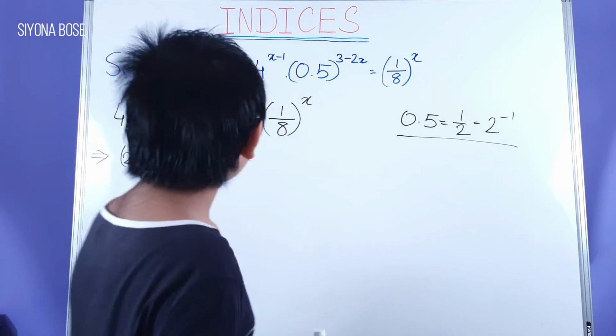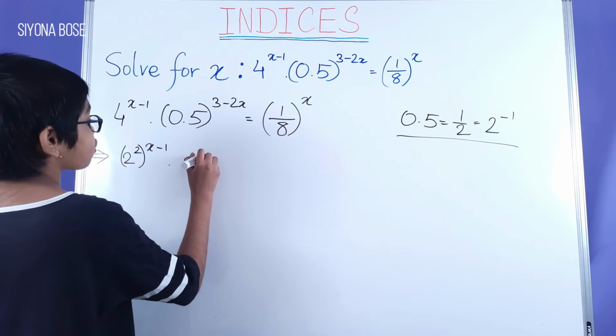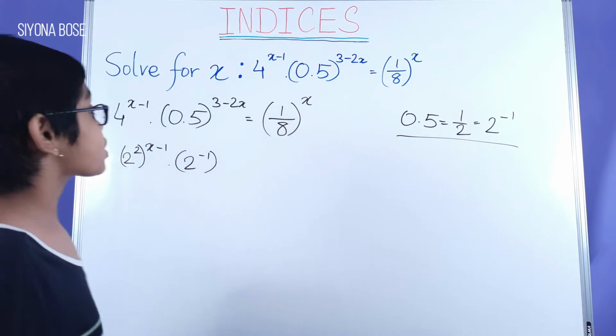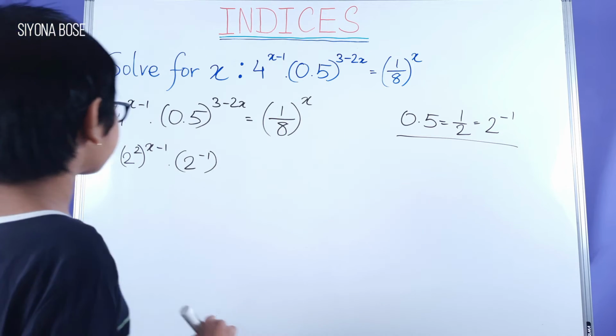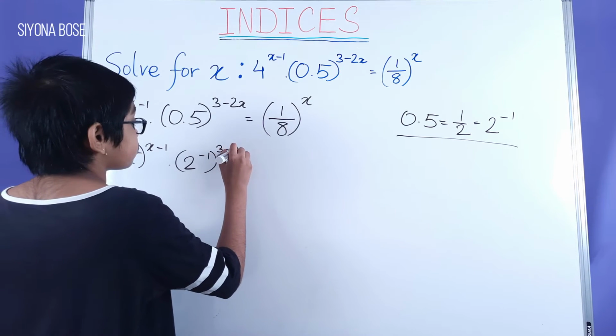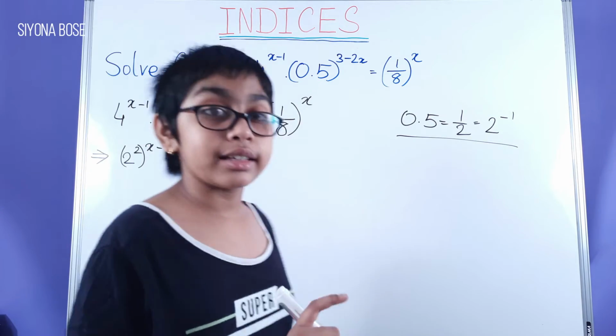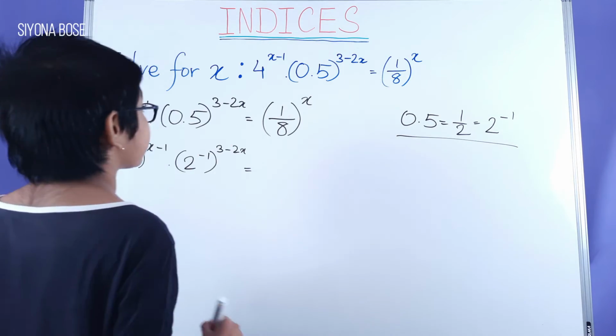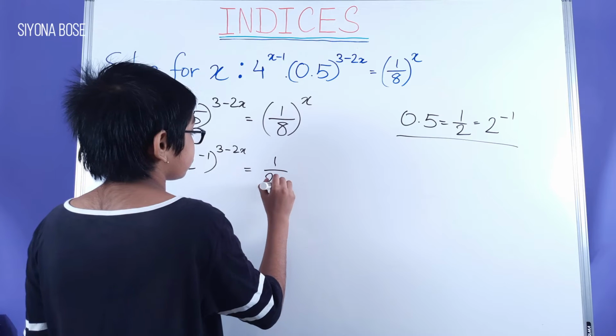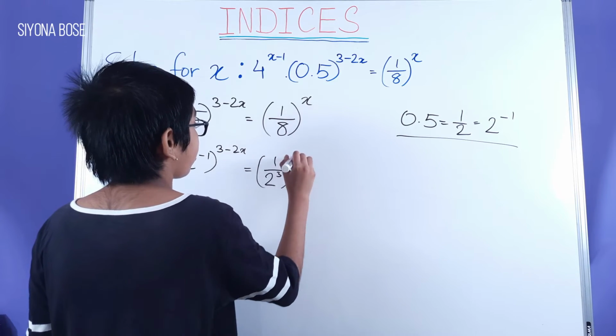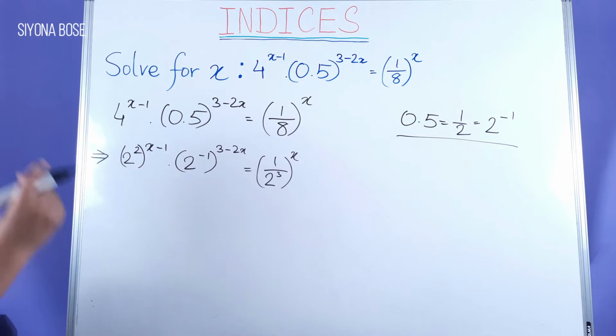We know this. Now we have (2^(-1))^(3-2x) equal to, now instead of writing 8, we can write 2 cubed, whole to the power of x.